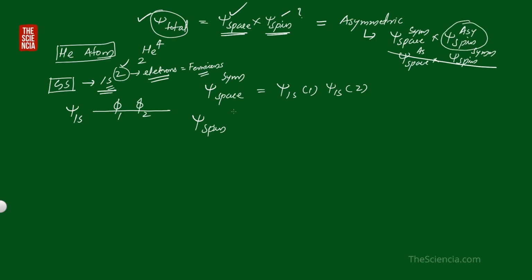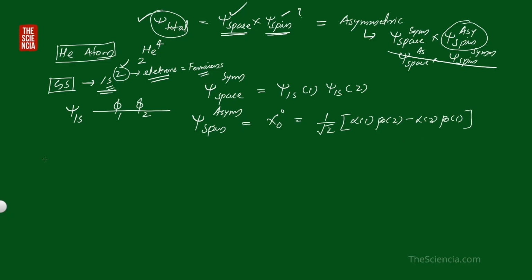So what is the asymmetric wave function for two fermions? That is chi 0 0, the singlet state, and the singlet state is 1 by root 2 (alpha of 1 beta of 2 minus alpha of 2 beta of 1).